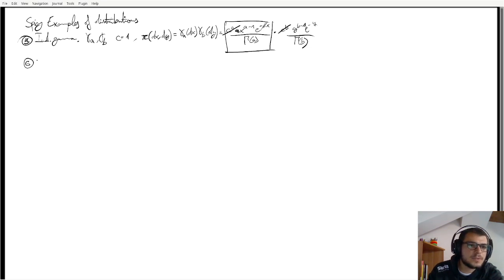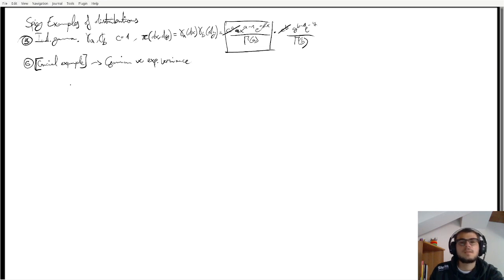And now we have a crucial example, which will motivate what we will do from now on. This is the Gaussian with exponential variance. How was it written?